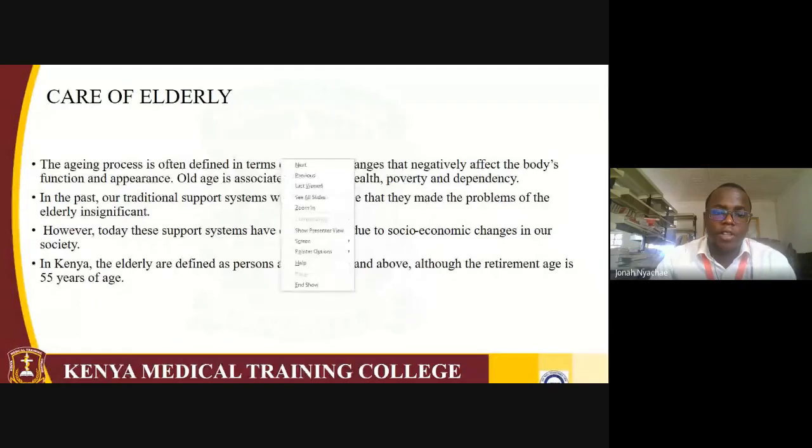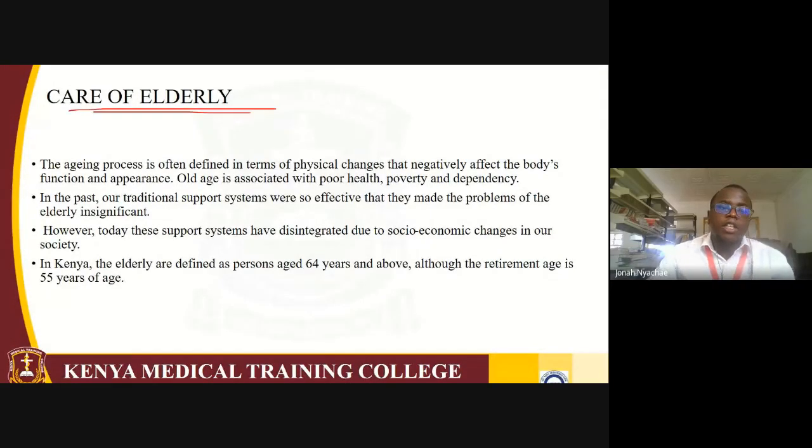So we have care of the elderly, whom we have identified again as people with special need. The aging process is often defined in terms of the physical changes that negatively affect the body's function and appearance. So old age is associated with poor health, poverty, and dependency.